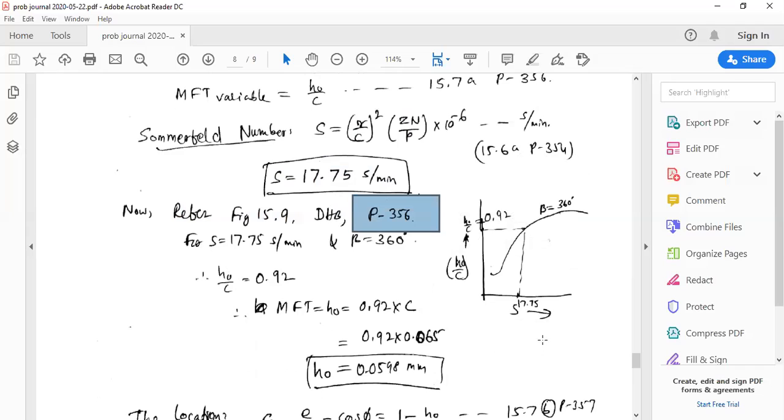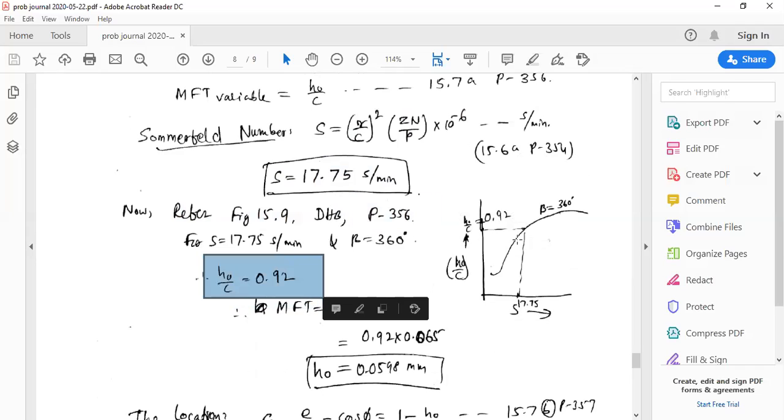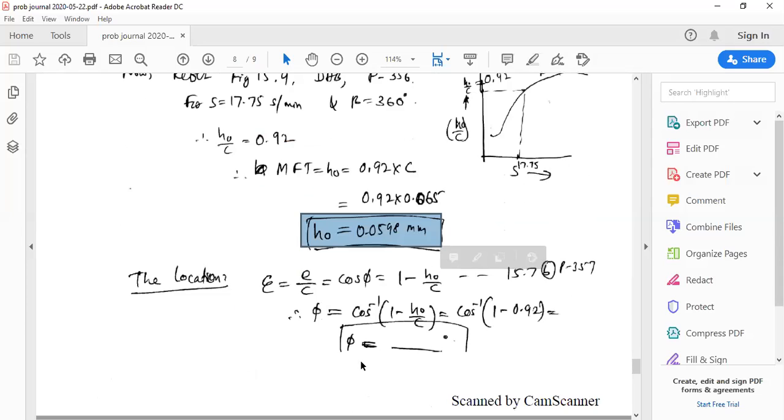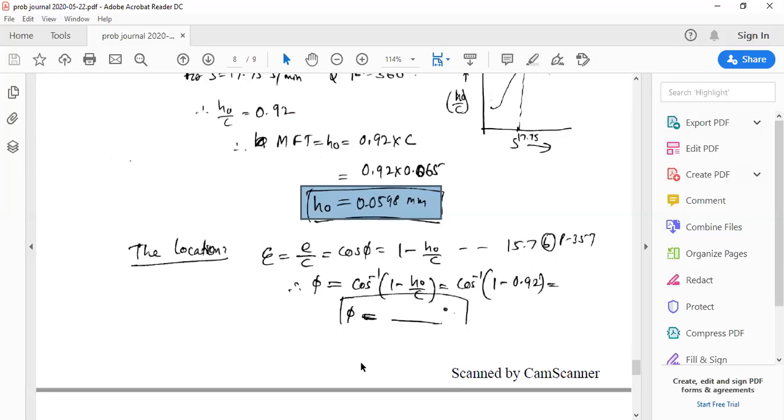So the value of H naught by C that is obtained here is 0.92. So this 0.92 is multiplied by this C, so that minimum film thickness H naught is equal to 0.92 into 0.065. So H naught is 0.0598 millimeters. So this is what minimum film thickness.